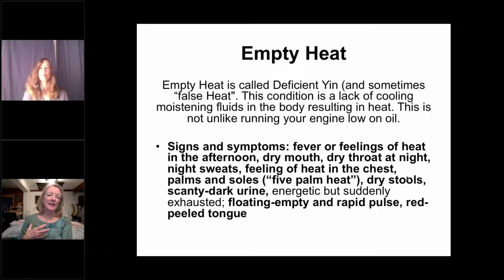Fever, feeling hot in the late afternoon, early evening, dry mouth and throat at night, night sweats, could have hot flashes, that five palm heat, dry stools, scanty dark urine. The pulse is floating, empty, and rapid. And the tongue coat is peeled. So you'll see a coat, and then all of a sudden it looks like somebody just took part of the coat off and peeled it off. So it's red underneath without a coat. It's fascinating. Tongue diagnosis, you'll see it.